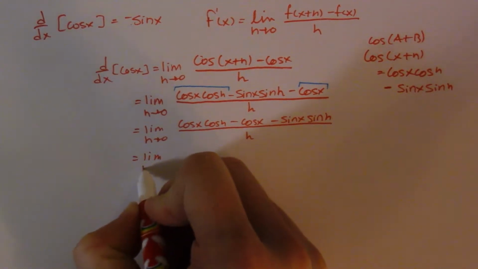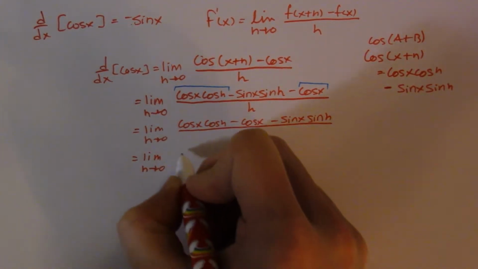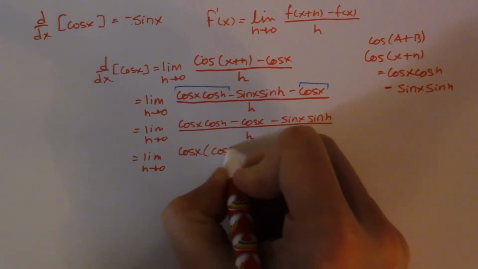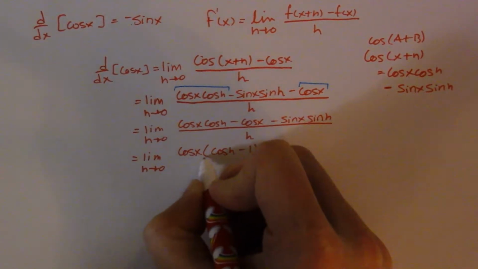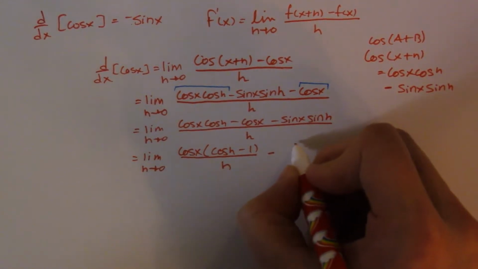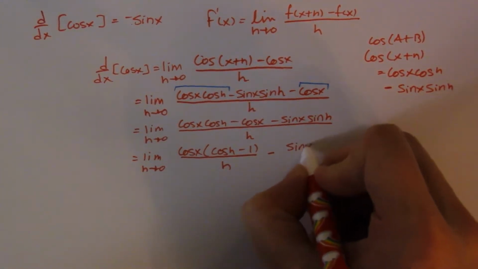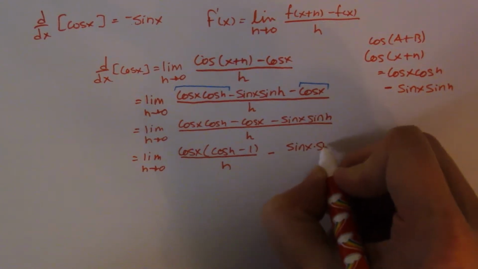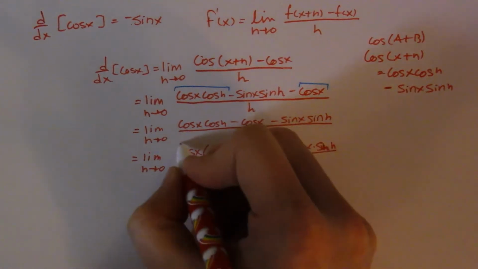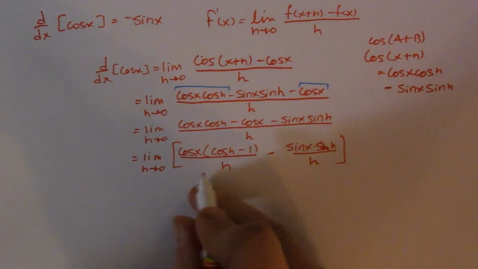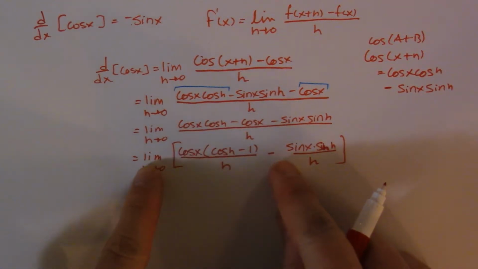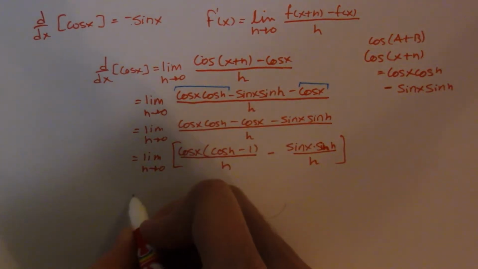So the limit as h goes to 0 of cos x times cos h minus 1 all over h, and minus sin x sin h all over h. I'm going to put brackets around that to show that the limit applies to both of these. You could write the limit in front of both if you want, but I'm going to leave that for this step.